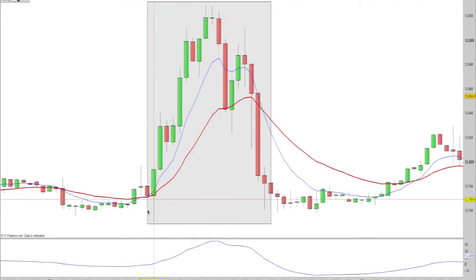So you've got momentum higher, you've got a block of price action here, and this was a trend continuation as the market pulled back and then continued in its trend.